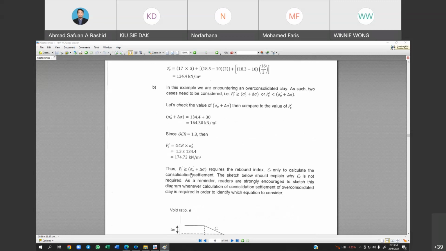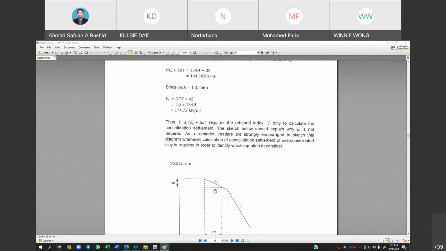The PC is greater than sigma naught plus delta sigma. So in that case, we may use the first formula, which requires the rebound index CR only to calculate the consolidation settlement. The sketch below should explain why CC is not required. When we look at this sketch, we know that CC is not required, because the value is less than the PC. That's why we use only CR.